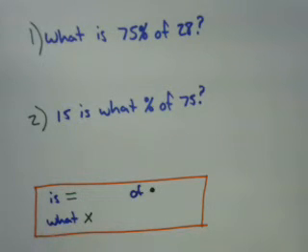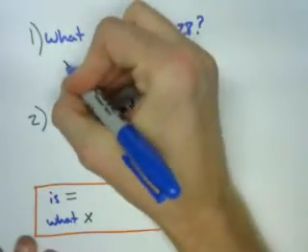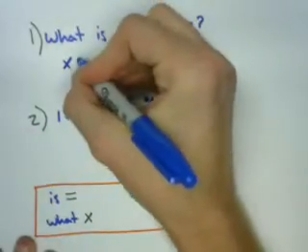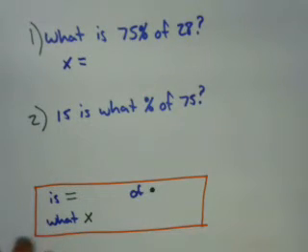Okay, so as we read these, we read left to right, and we will form an equation as we read left to right. So what? So that's x. Is an equal sign. Percents, I need to actually translate those into decimals. One of the rules is I cannot really use a percent in my equations here.